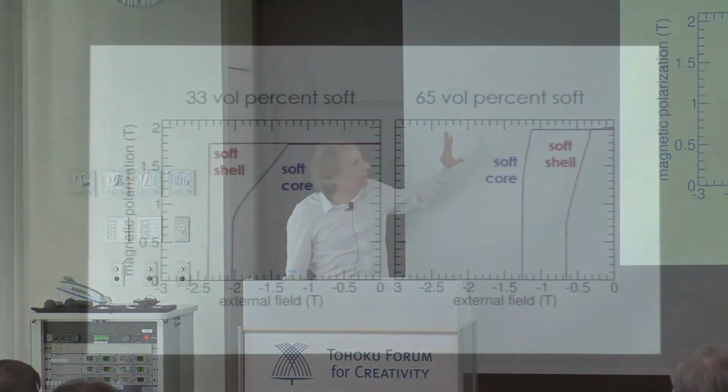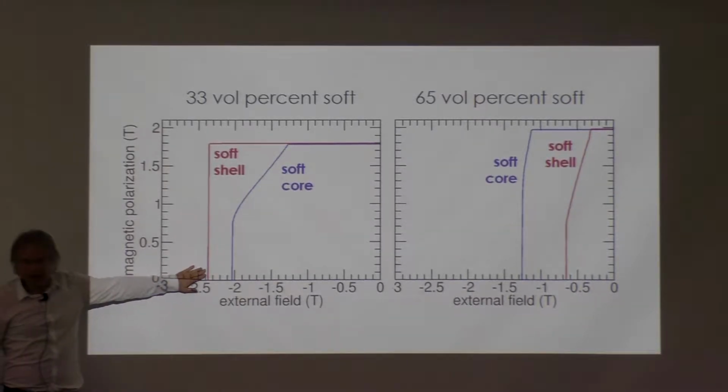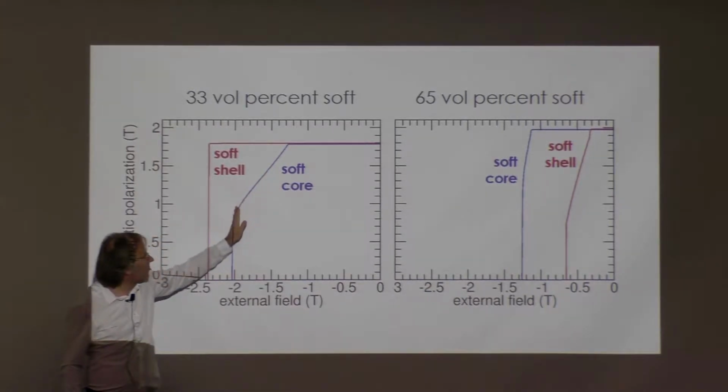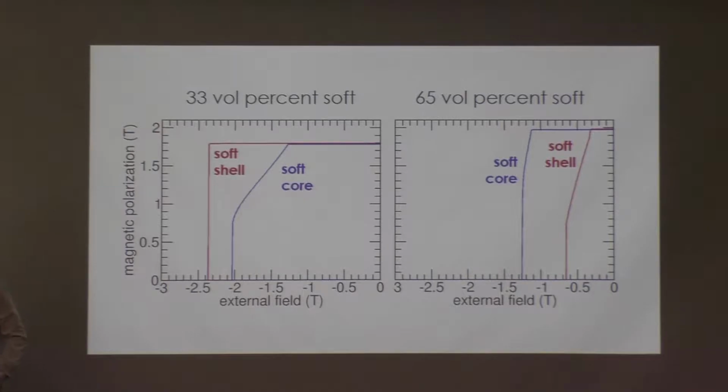So if the volume fraction is around 30%, then the soft magnetic shell will give you the better magnetic properties. And the soft core sees this decrease of the magnetization at lower field.